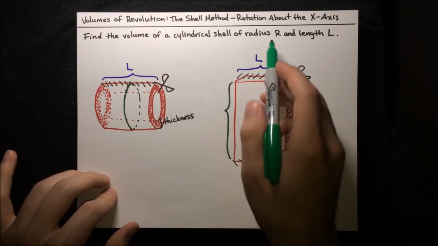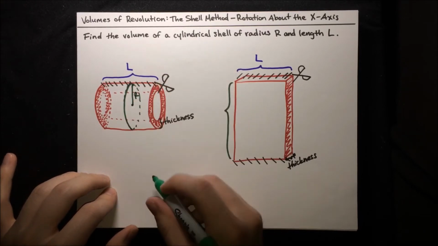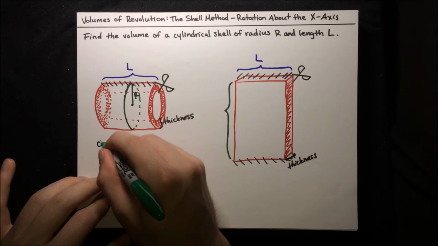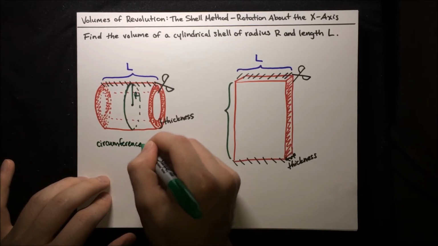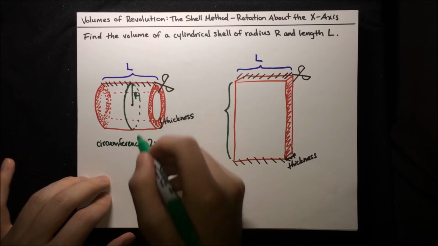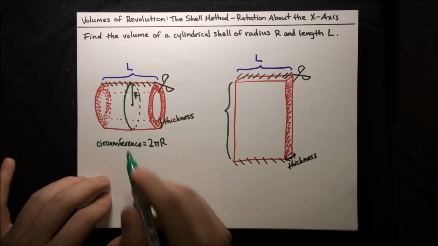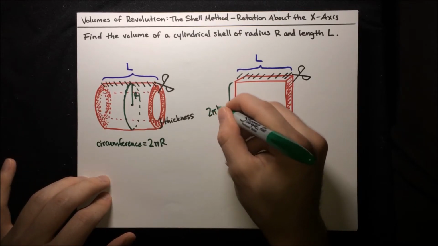Now we know that the shell has radius r, so the circumference is then just 2 pi times r. So that's the distance around there, the circumference. So that becomes this dimension here, 2 pi r.